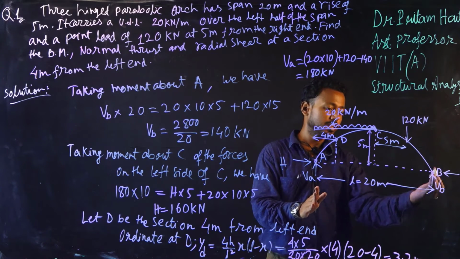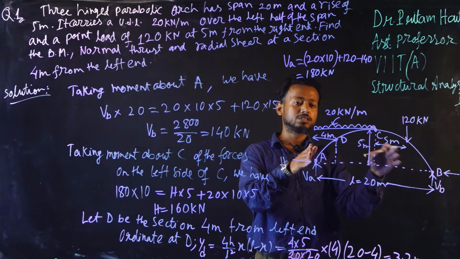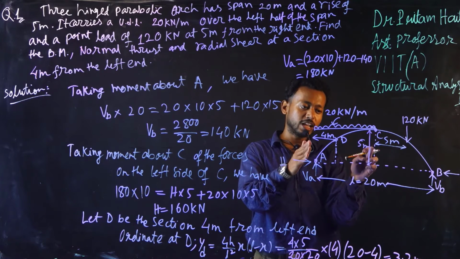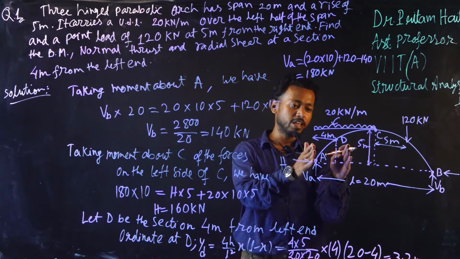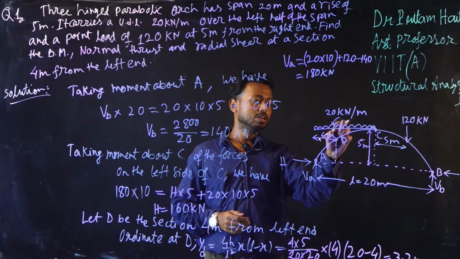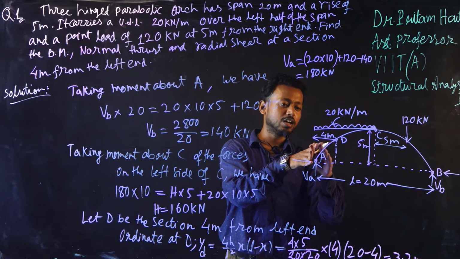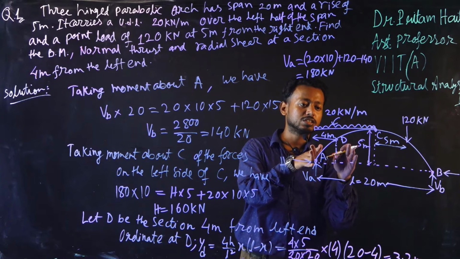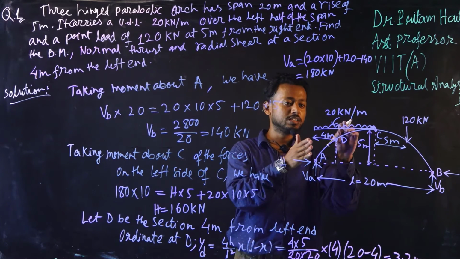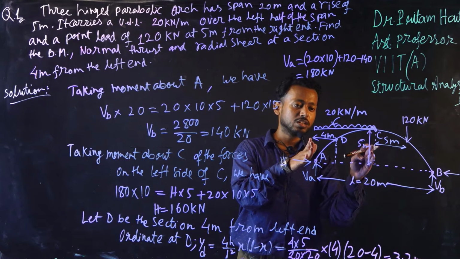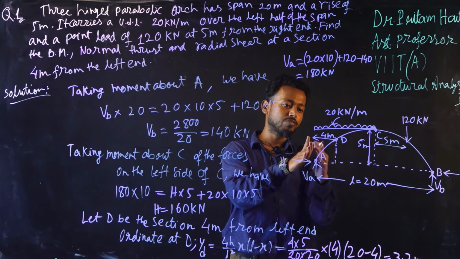We have VB into 20 equals 120 into 15 plus 20 into 10 into 5, because the CG of the UDL will be acting at 5 meter distance from A. 20 is the loading intensity, and 10 meter is the length on which the UDL is working.